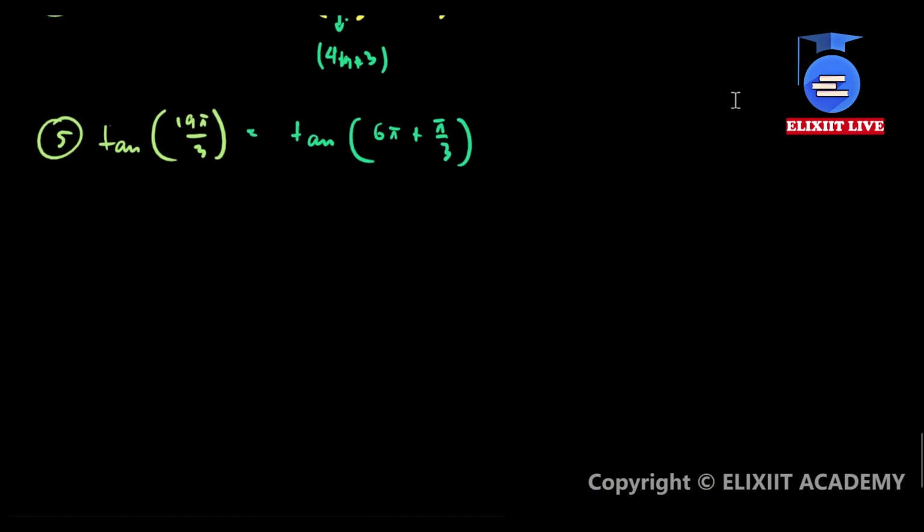Okay. First of all, no change. Even multiple plus theta, no change. So tan is the same as tan pi by 3. That's root 3. Pi by 3 means basically 60 degrees, tan 60. So always think in this manner.